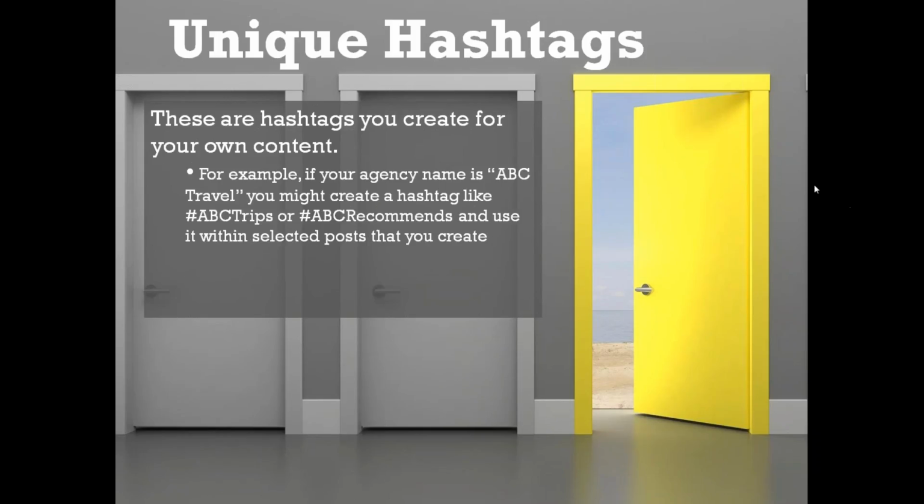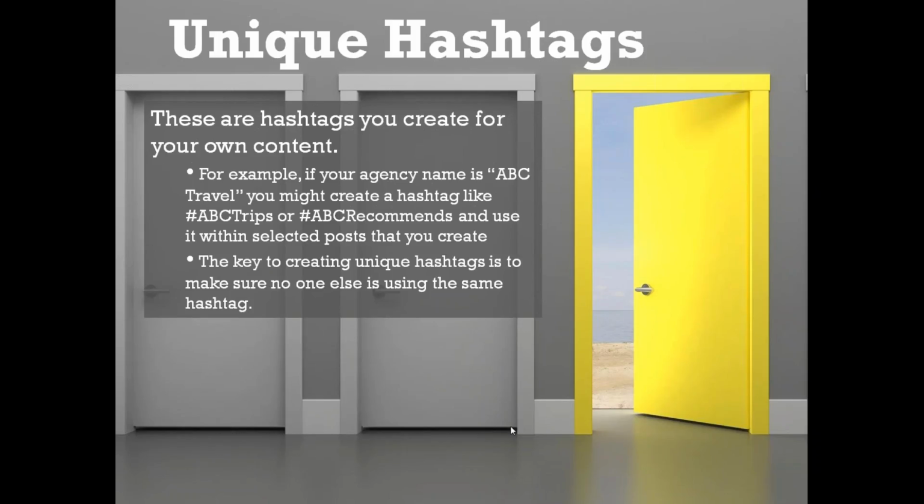So for example, if your agency name is ABC Travel, you might want to start using a hashtag like hashtag ABC Trips or hashtag ABC Recommends, and then use that within selected posts that you're creating. You don't necessarily have to put it on every one, but if it's something really special and unique, maybe you're talking about a group departure, something like that, then you could start including these hashtags, or maybe if it was something that you thought was really interesting to your clients that was a general post, you could start including that also.